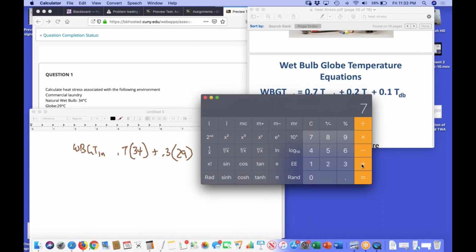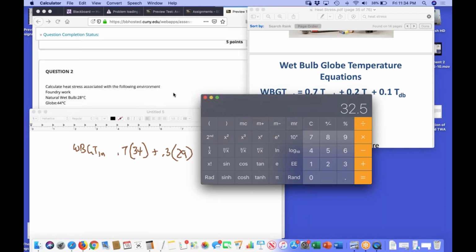Let me get that 8.7 back. And I am going to add the quantity that's in memory to that, and we get 32.5. WBGT effective is 32.5 degrees centigrade. Okay, so that would be our answer for that.